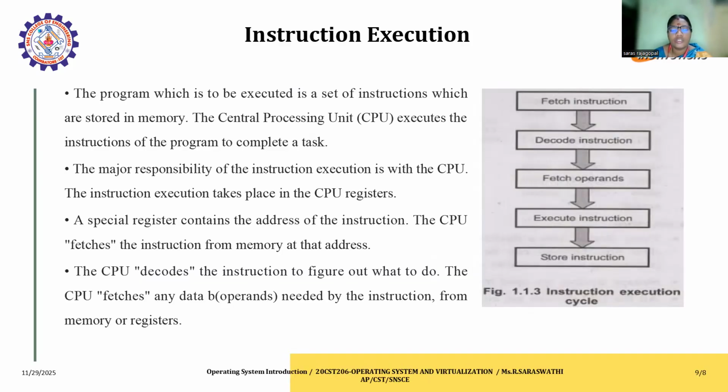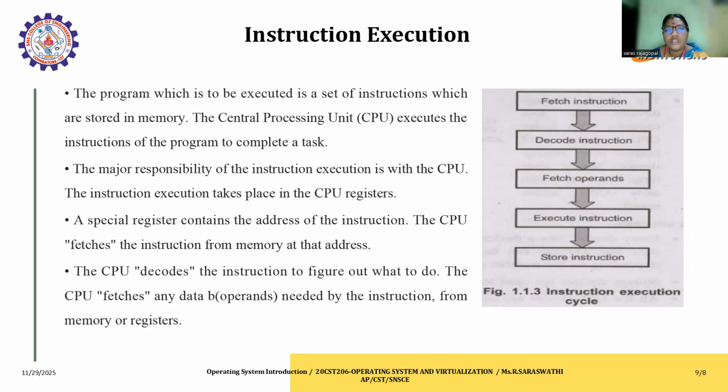Instruction execution. The instruction cycle, the instruction going to be executed in a processor, consists of 5 steps. First of all, we fetch the instruction by using the instruction fetch cycle.